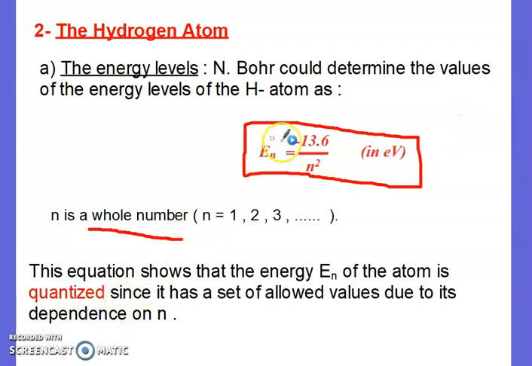Now this value of energy is given in electron volt. Means you have to change into joules if you want the energy in SI unit. This formula gives us the set of possible values of the energies of only the hydrogen atom.